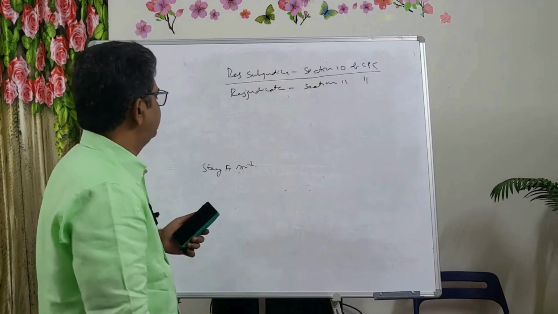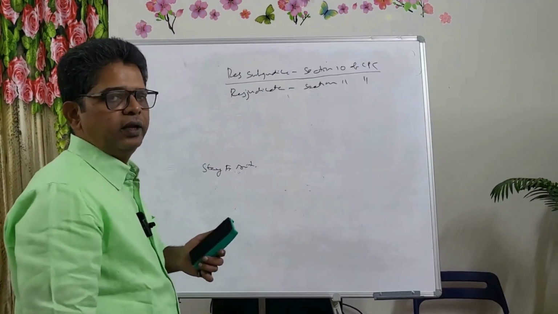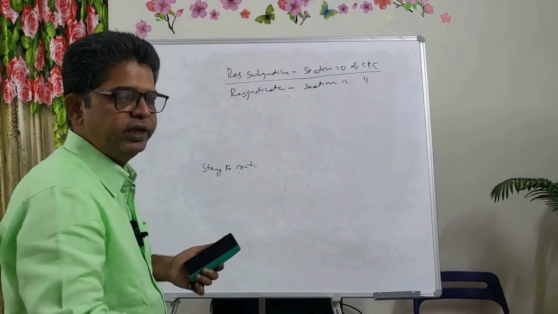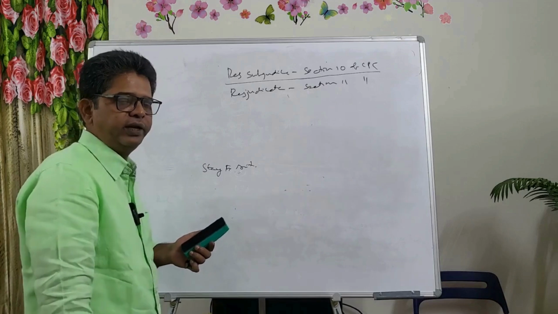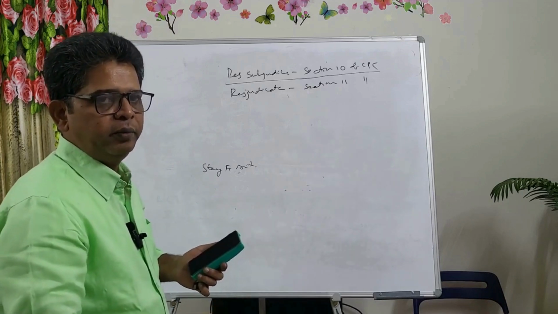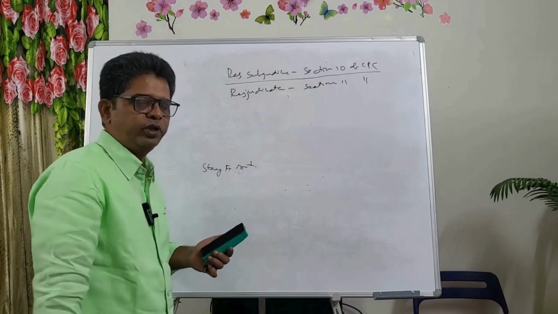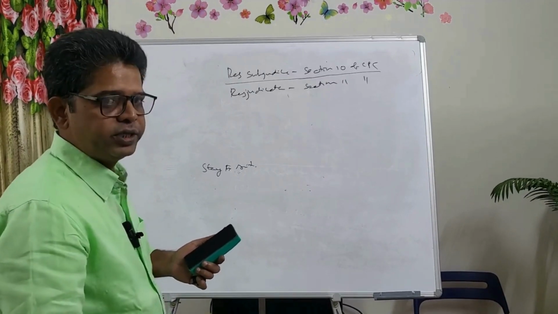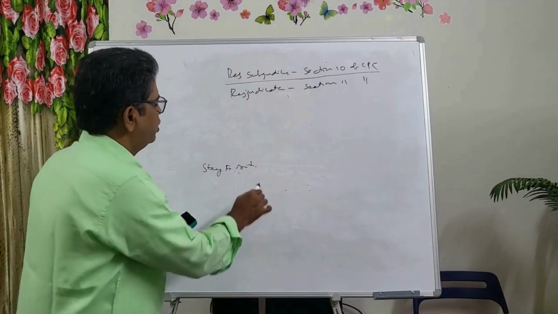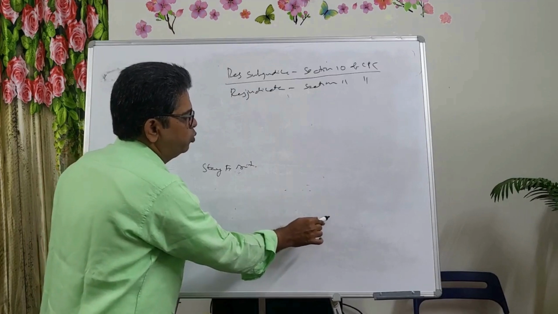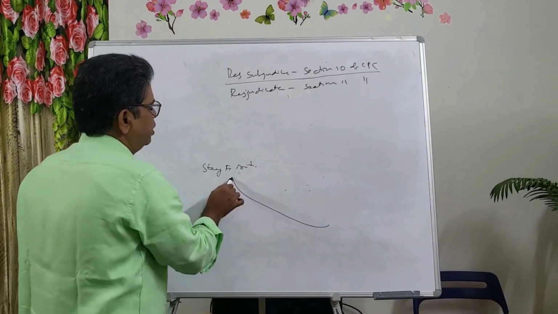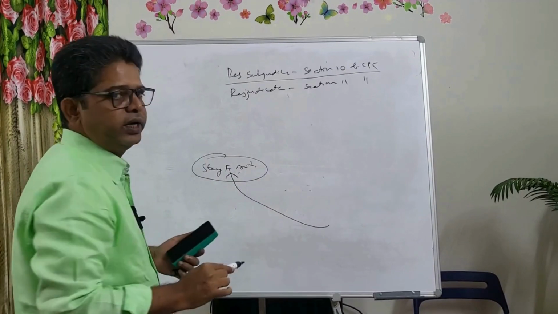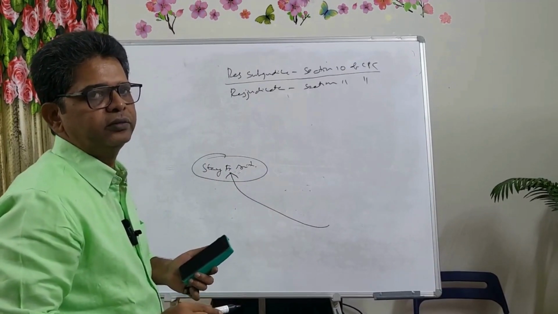Therefore, so many advocates file an application before the district judge if the matter is within the district, or before the High Court if the matter is before different district courts, or before the Supreme Court if the matter is pending before courts of different states, to transfer the suit pending in another court to this court where the present suit is pending for clubbing of both the suits or for common trial.